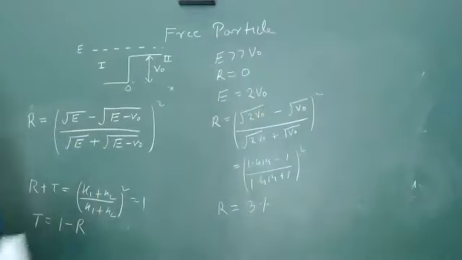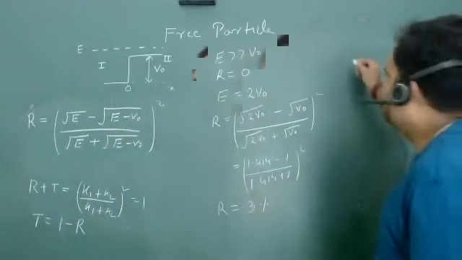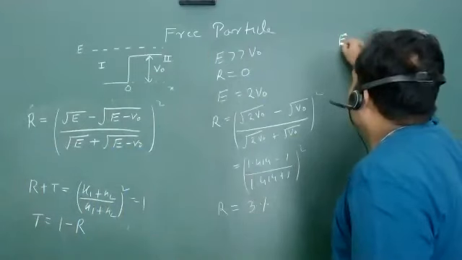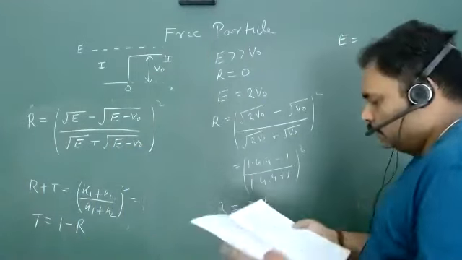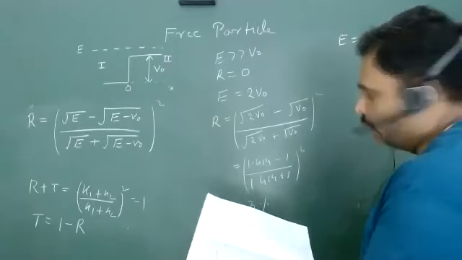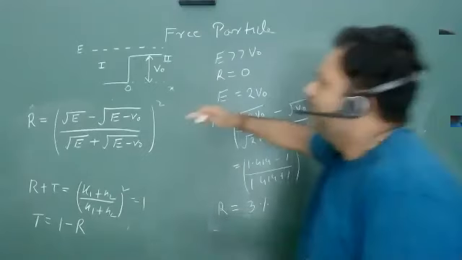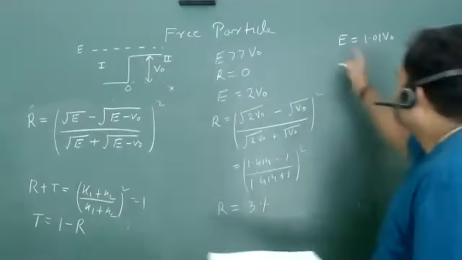Okay. And now I have also calculated one more number. For E equal to 1.01 V naught, so it is just near this particular potential, what will happen?